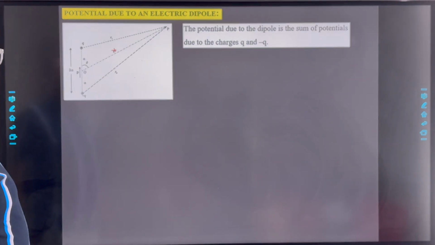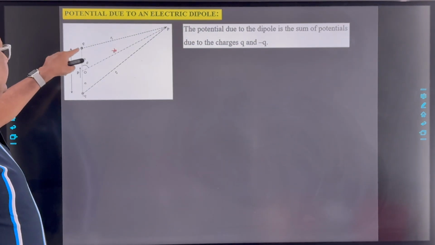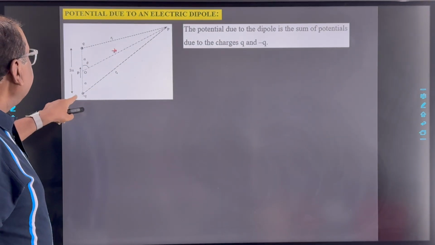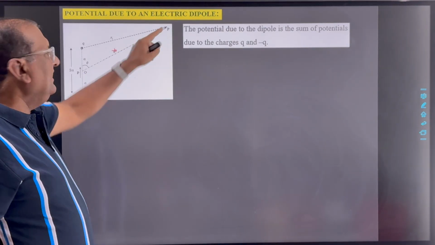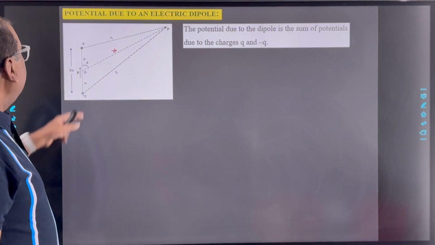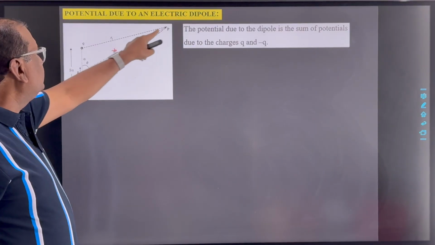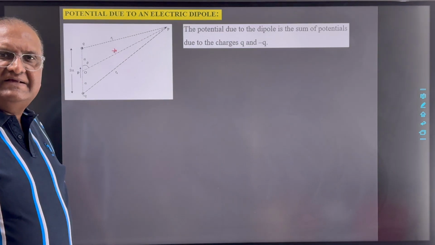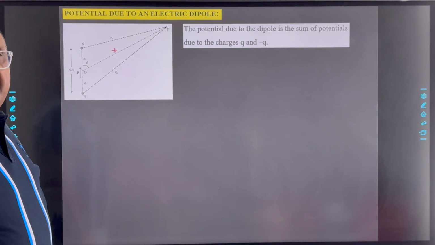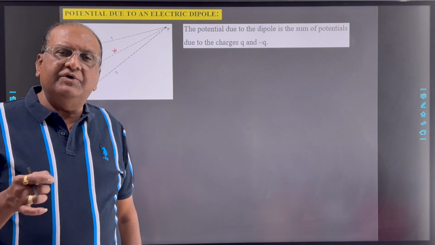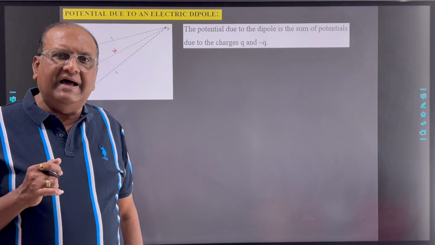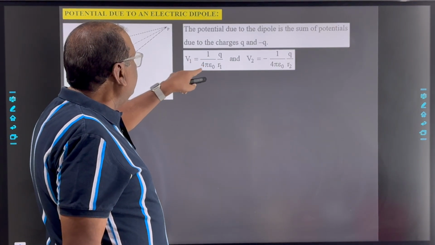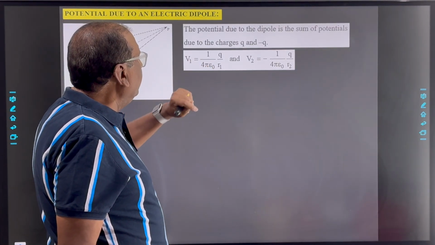So simple thing. First of all, we have to take the potential at P due to plus Q charge, then the potential at P due to minus Q charge. From plus Q, the distance of P is R1, and from minus Q, the distance of P is R2. For a point charge, the potential is KQ upon R. As per that, we can write V1, K is 1 upon 4 pi epsilon 0, Q upon R1.